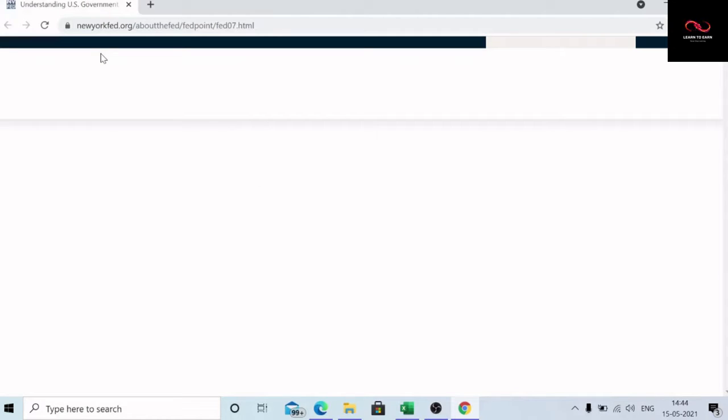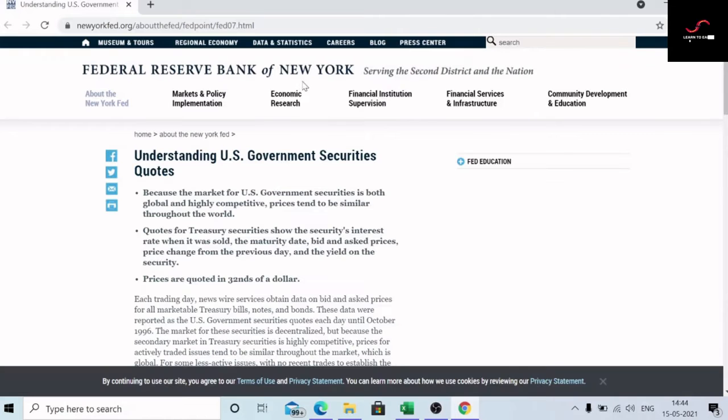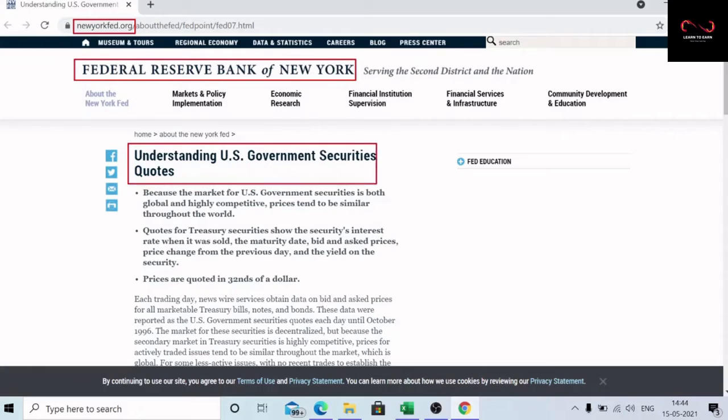So I am taking you to the New York Fed page, the Federal Reserve Bank of New York, and in this, we are at the tab understanding US government securities, how they are being traded.